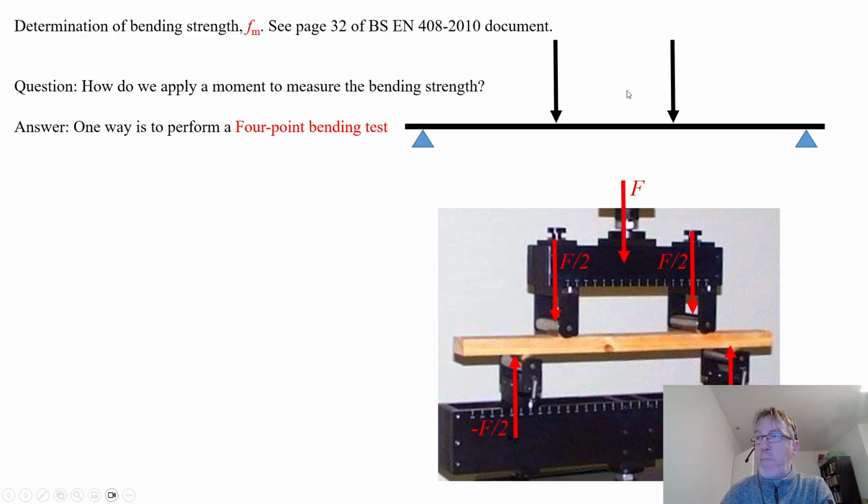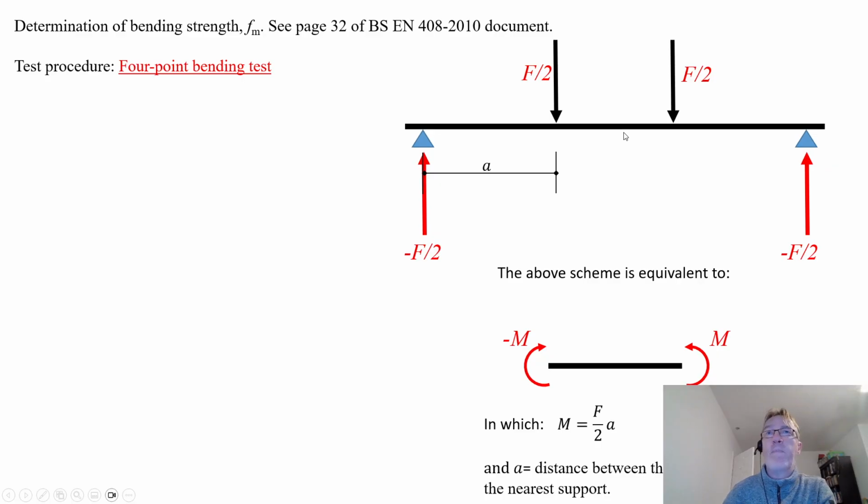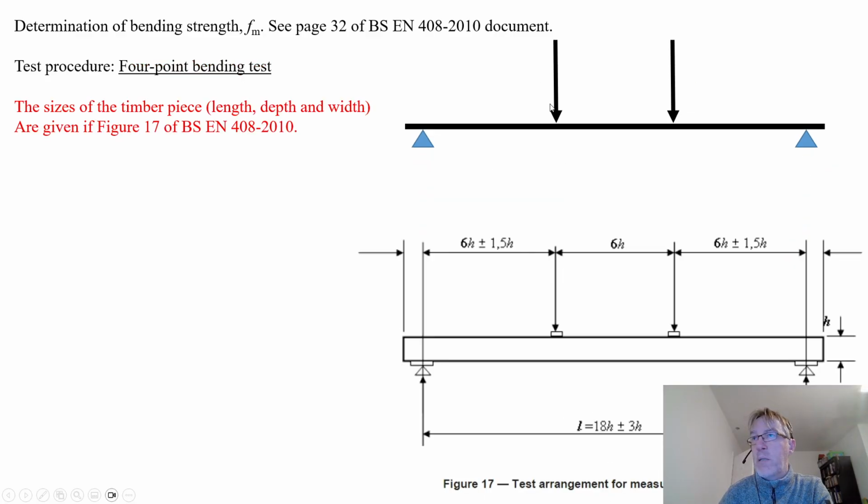We're pushing down, simply supported beam, and we're going to get a bending happening in this member. So if the force divided by 2 is applied at distance A in from either side, then what we're going to get is a bending moment happening around where F2 is.